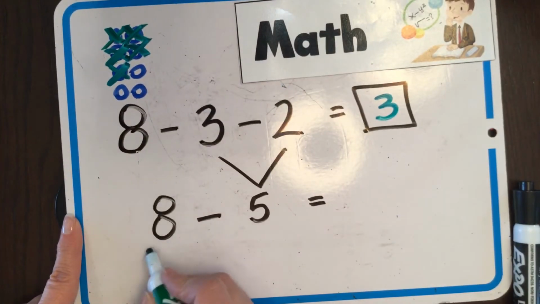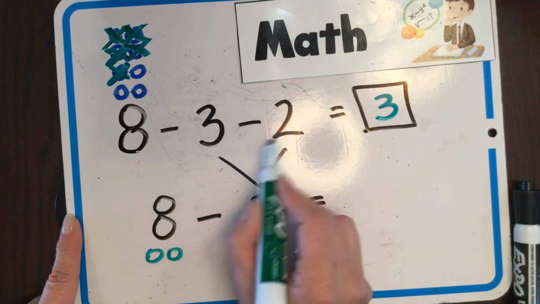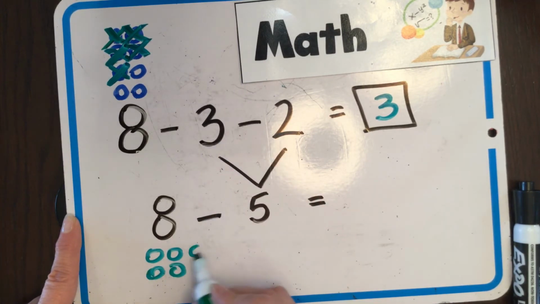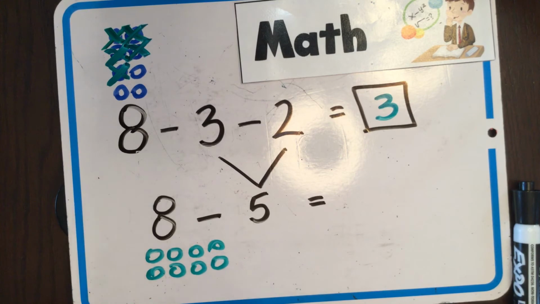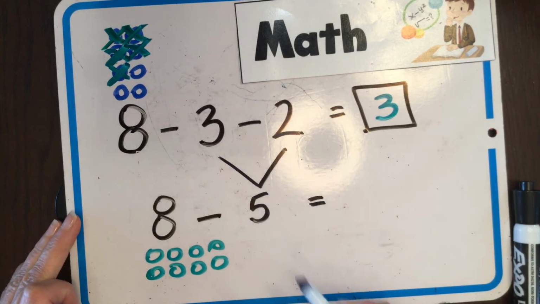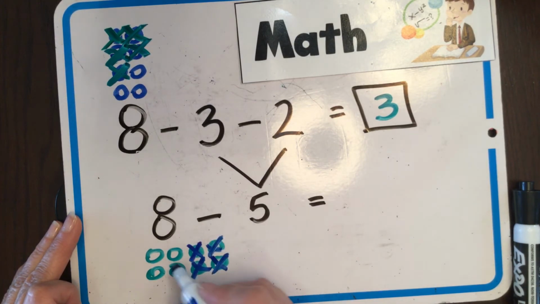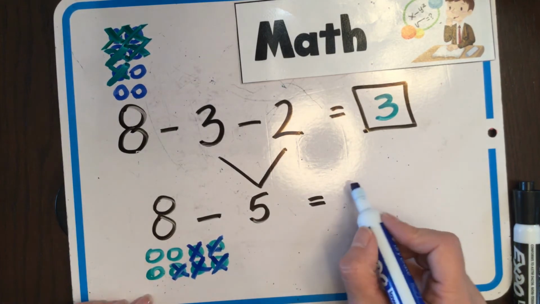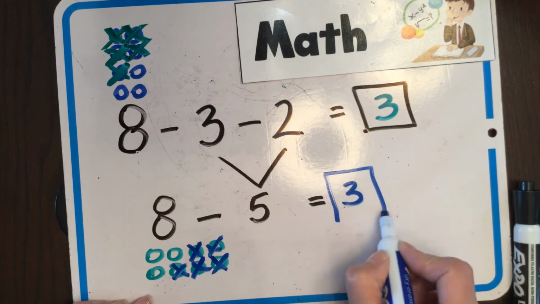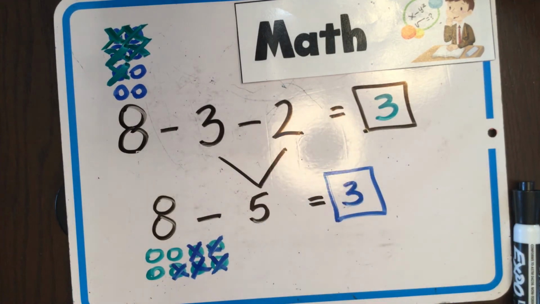The same problem happens at the bottom if I've already determined 5 pieces were eaten. I need my 8 slices of pizza, and then I'm going to take away the 5 that Anna and I ate. And you can see my answer is the same. If we do a subtraction question 2 different ways, we should have the same answer when we're done.